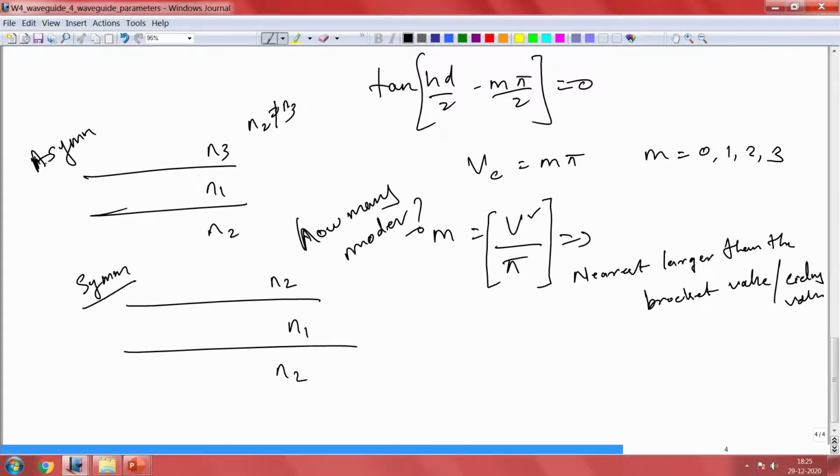In a symmetric waveguide you will have at least one TE or TM mode, there will be at least one solution. In a symmetric waveguide there will always be a solution, please remember that, it is very important, but in an asymmetric waveguide that is not the case.